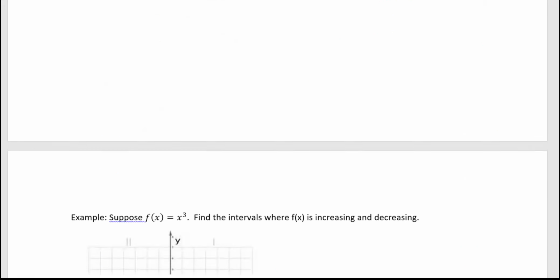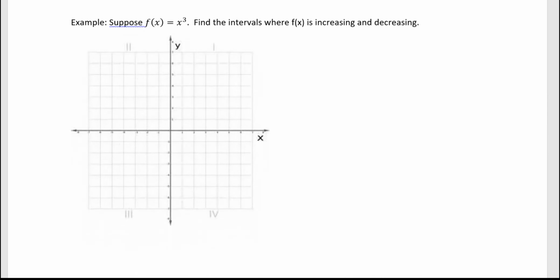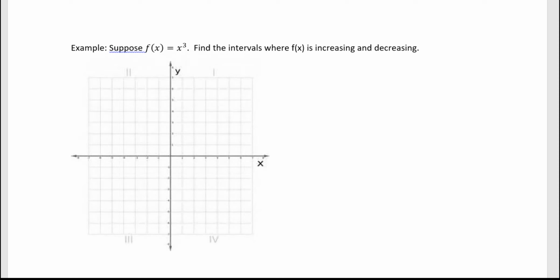All right, so let's do one more kind of easier one, okay? And that's f of x equals x cubed, and let's find out where it's increasing and decreasing, and find the extrema.